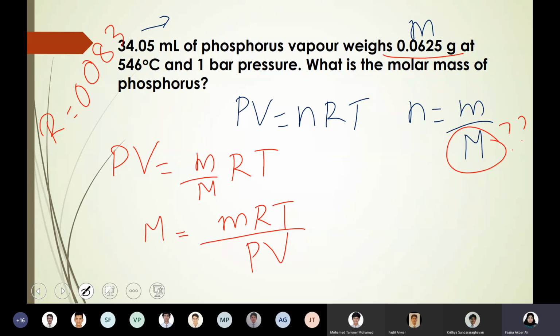Anybody got the final answer? Molar mass? Is it 123.6?